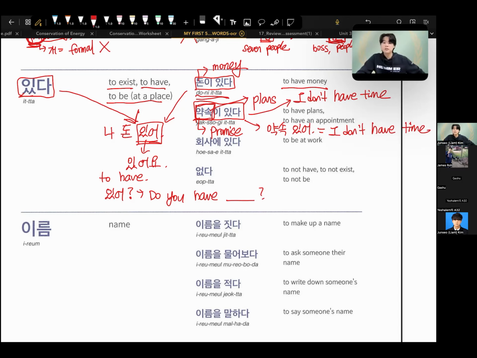But even if Yeshi is not meeting anyone, she can just say 약속 있어 if she doesn't want to meet Gashu, right? So this is also used as an excuse, or to avoid someone.